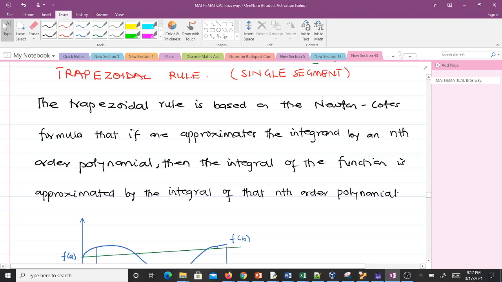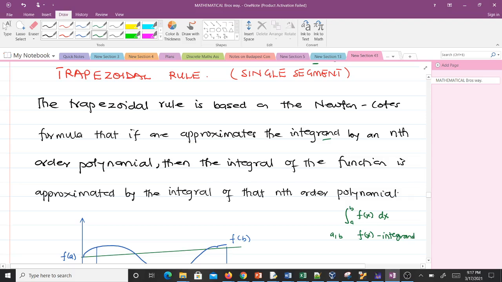The trapezoidal rule is based on the Newton-Cotes formula, which says that if one approximates the integrand, when you have the integral from a to b of f of x dx, where a and b are our limits of integration, this function f of x is what we call the integrand.